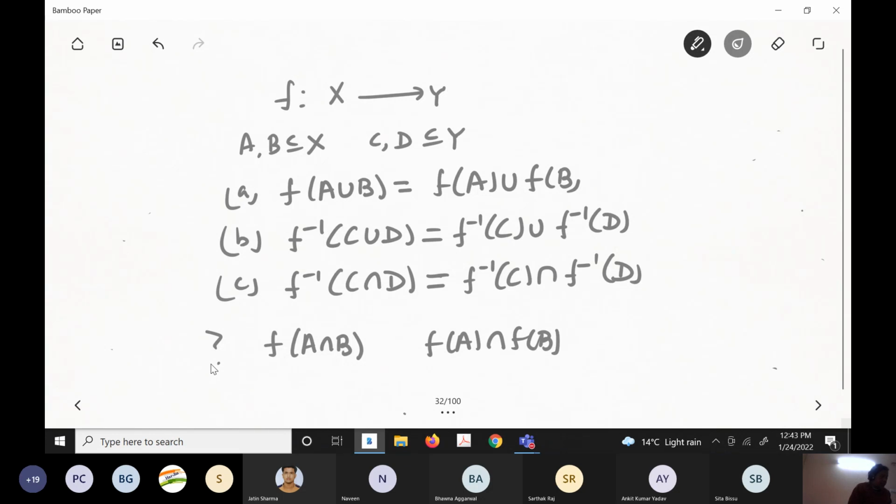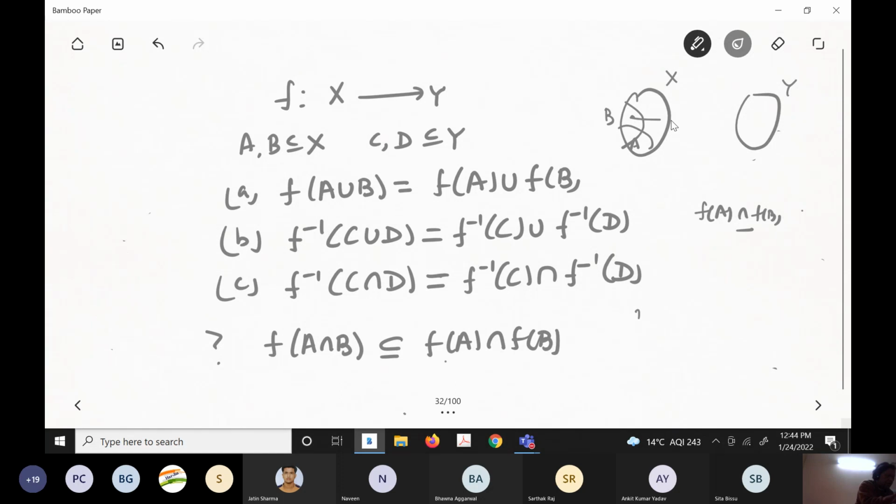Why is it like that? All you can prove is that f(A intersection B) is contained in f(A) intersection f(B). But if f is not 1 to 1, you can check that. This is your X, this is Y. Suppose this is A and this is B. Now look, when you go for f(A) intersection f(B), two different things can have the same image.